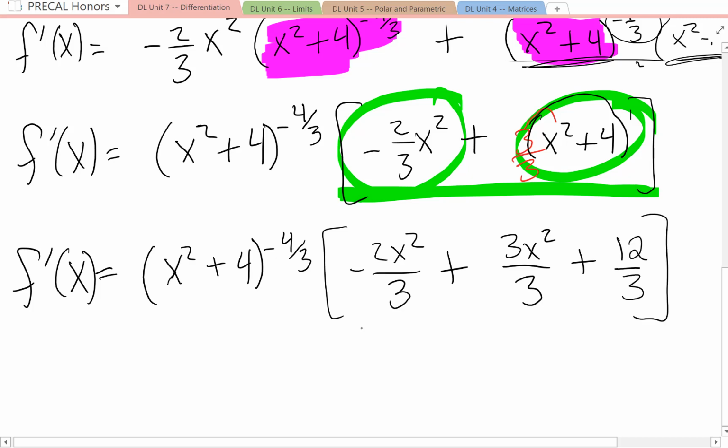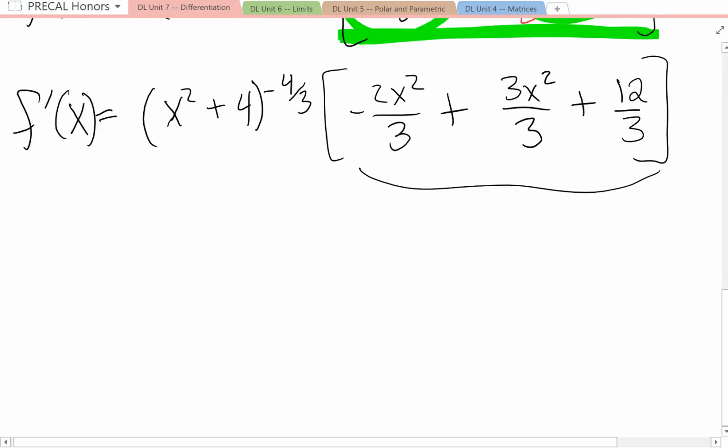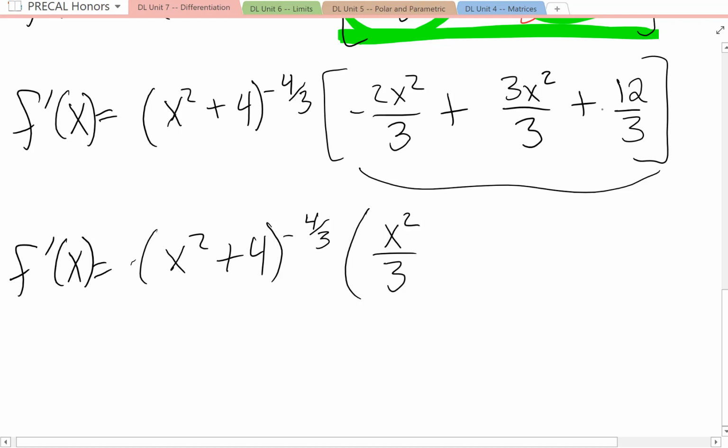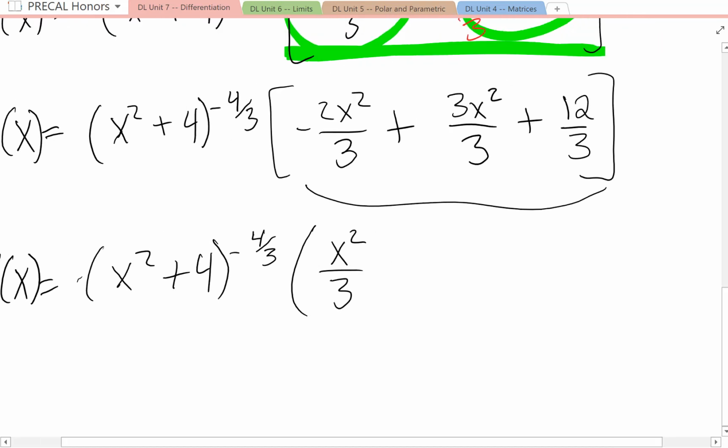Combine inside of the brackets. You have negative 2x squared over 3 plus 3x squared over 3 is just 1x squared over 3 plus 12/3.